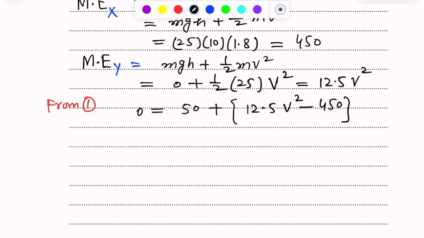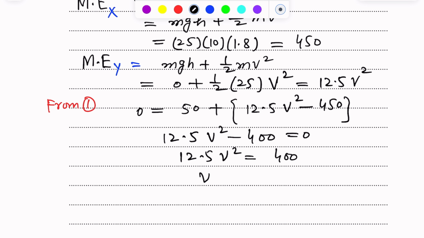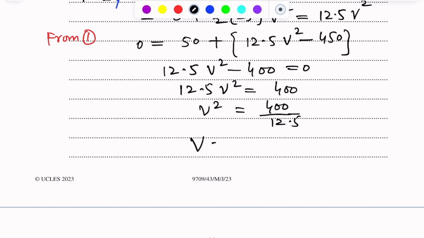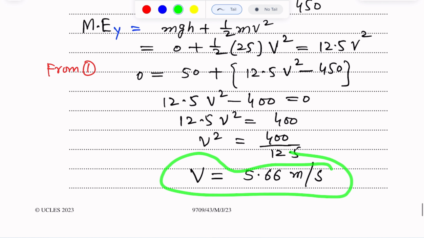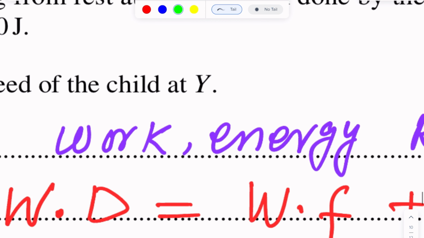Simplifying it, we get 12.5 v square minus 400 is equal to 0. From here, 12.5 v square is equal to 400, and v square is equal to 400 over 12.5. Using a calculator, we get the value of v, that is 5.66 meters per second. This is the speed of the child at point y.